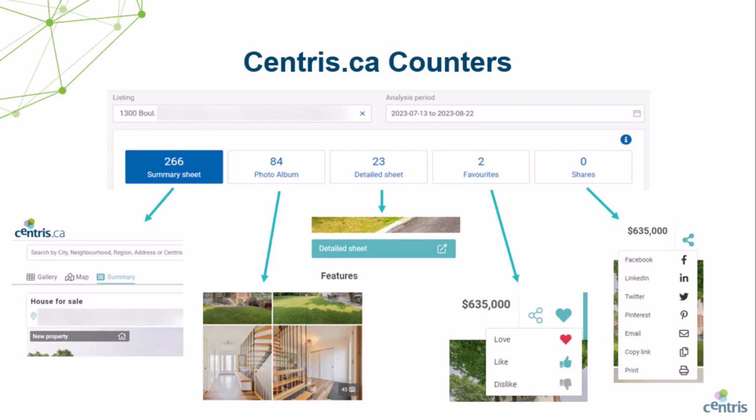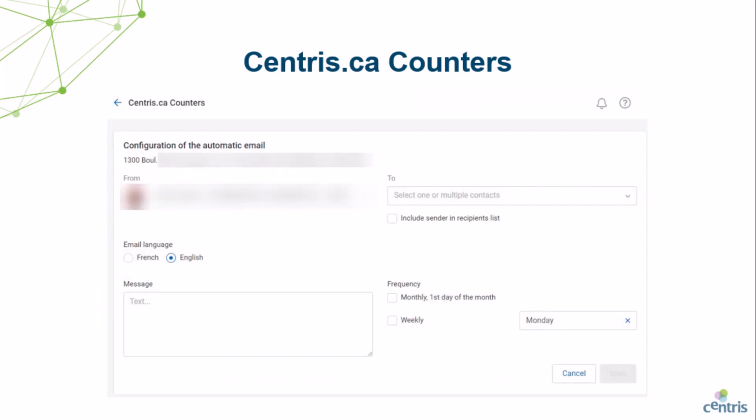You can program a report, so an automatic email that will be sent to your clients every week or month, if you would like, to give them this information so they know how well their ad is doing. Typically, a listing will have a lot of clicks and activity the first week that it's listed.